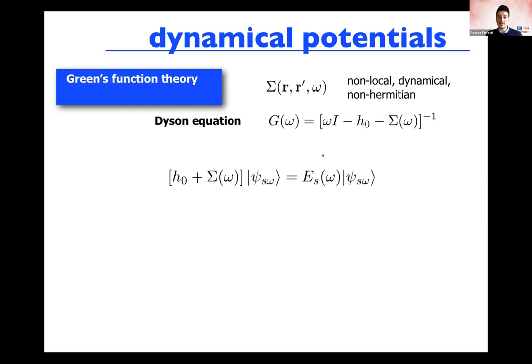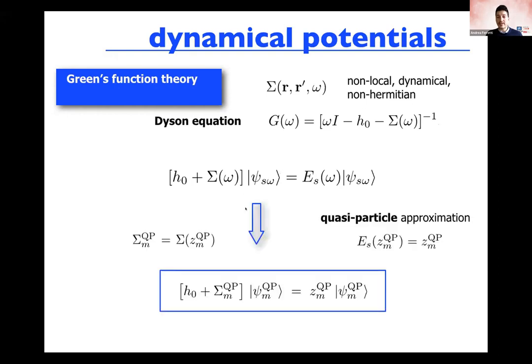Here is the Green's function Dyson equation, and we can perform this inversion by diagonalizing at each frequency, and then we can basically select the poles of this equation. And if we make a quasi-particle approximation, so if we retain only the so-called quasi-particle poles, we basically build up an equation of this form.